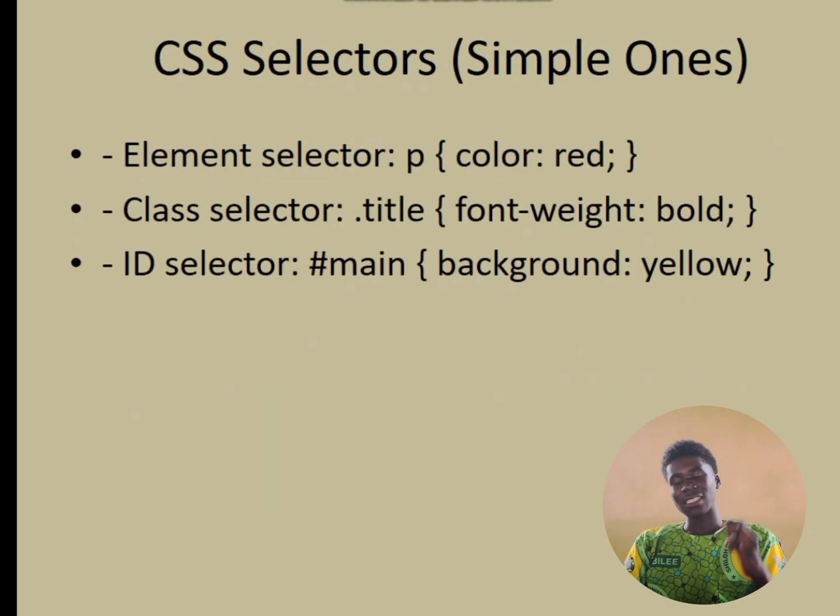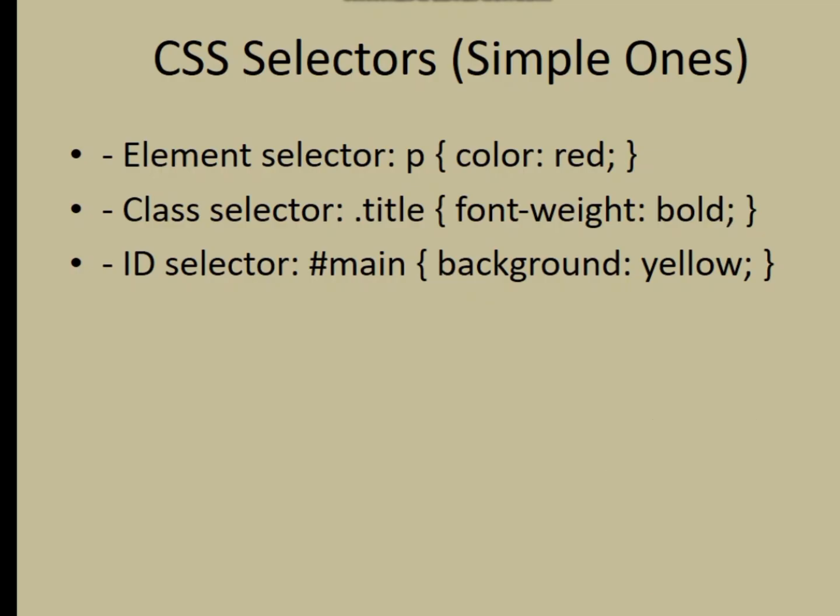Next, the CSS selectors. CSS has close to 12 selectors, but for this video we're going to deal with 3 simple selectors. The 3 simple selectors are the element selector, the class selector, and the ID selector. The element selector has to do with the selection of a single tag.